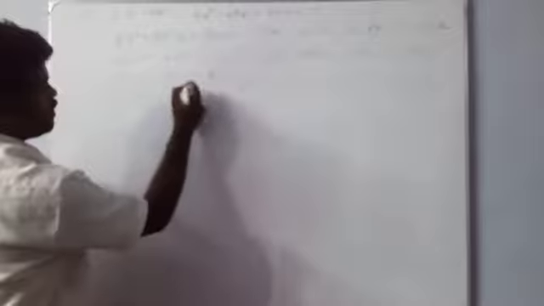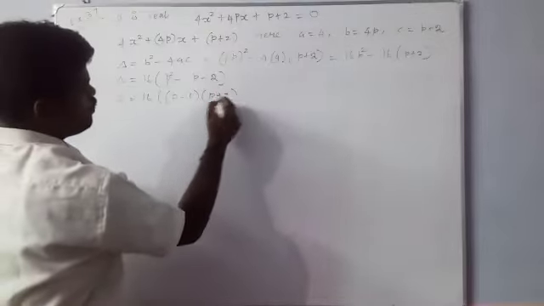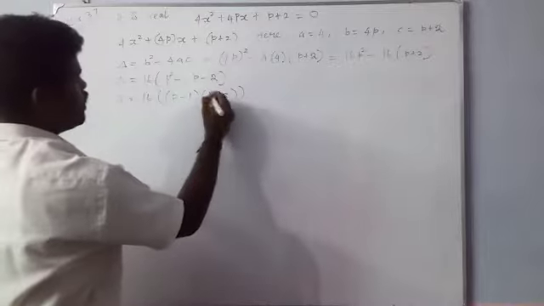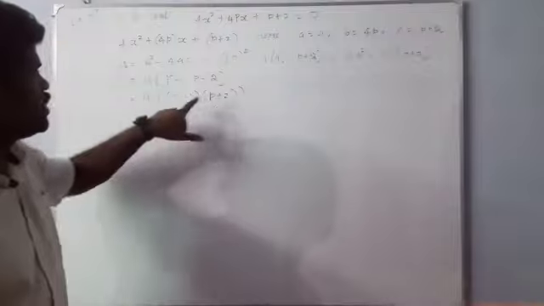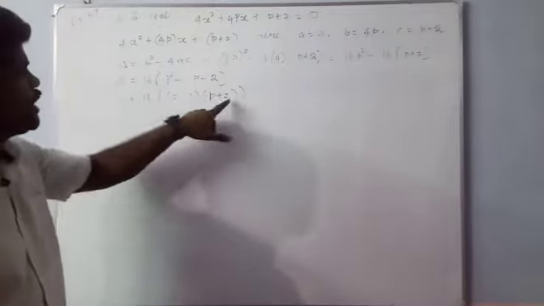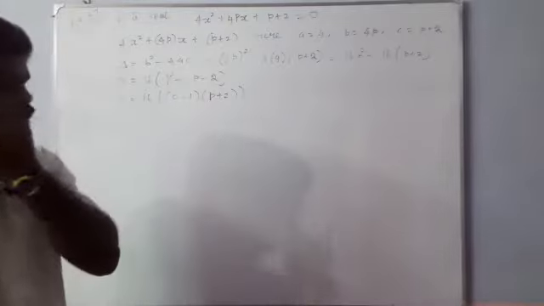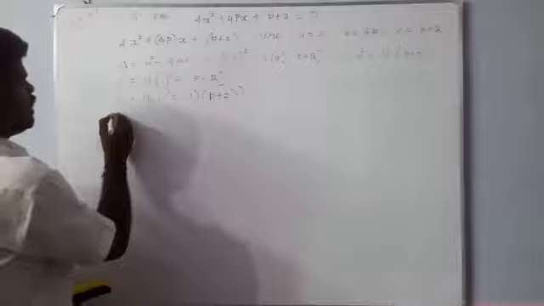The roots are p minus 1 and p plus 2. This is the roots of the quadratic equation. So how to find this root? Sum of the roots, add 2 minus 1 is minus 1. And the product of the roots, product of these two, minus 1 and plus 2, multiply, minus 2. So this is the delta value.